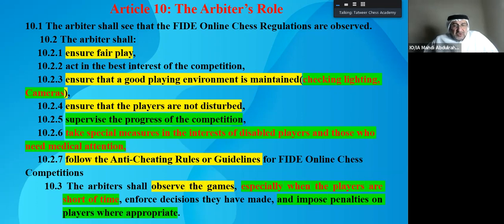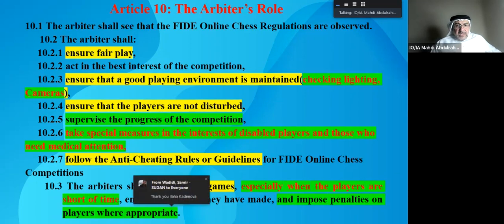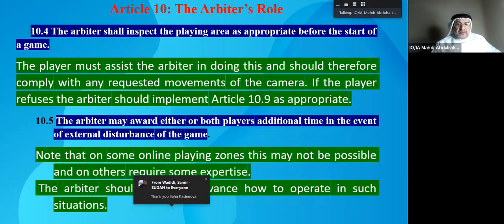The arbiter will go into your computer, check everything, then check the connection. This is the job of the arbiter. The arbiter shall observe the games, especially when players are short of time, and impose penalties on the players where appropriate if anything is wrong. The arbiter shall also inspect the player area as appropriate 1 hour before the start of the game.